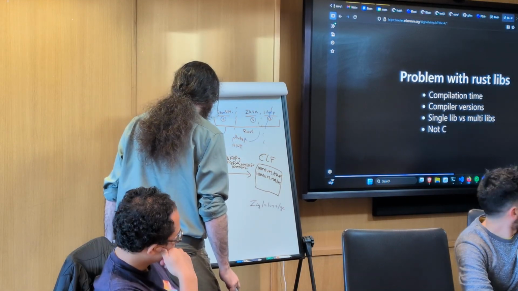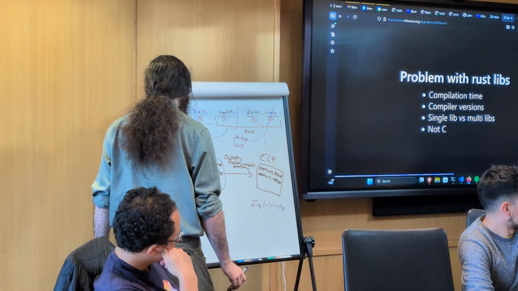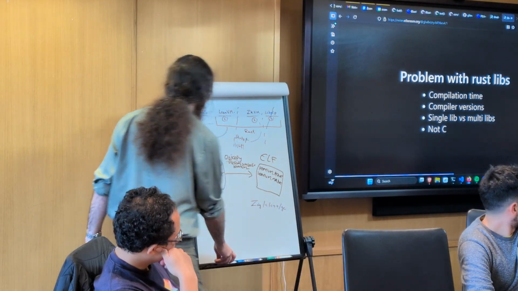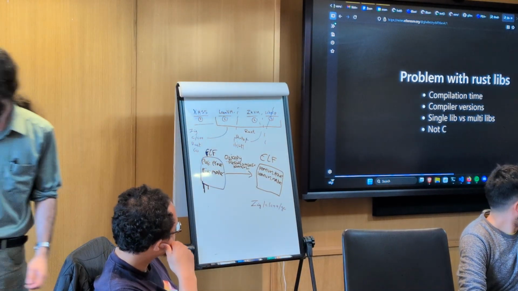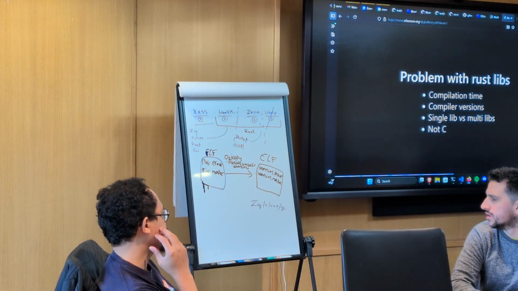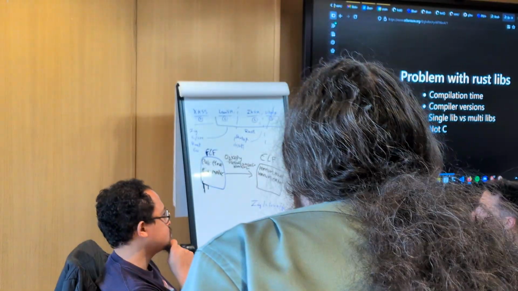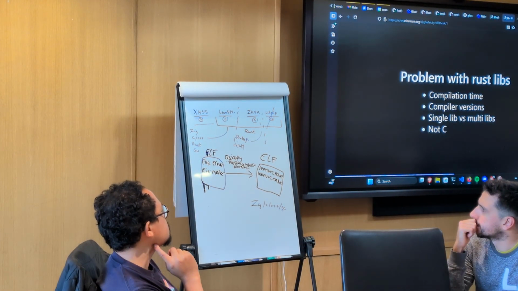Does it resolve your compilation time problem? Yes. When you say the binary is bigger, I had to deactivate LTO anyway, so the binary is bigger anyway. So that's not going to change anything.